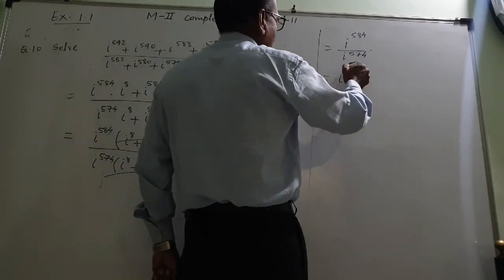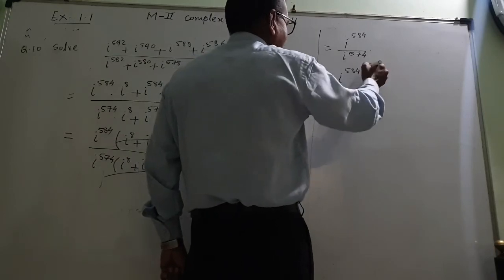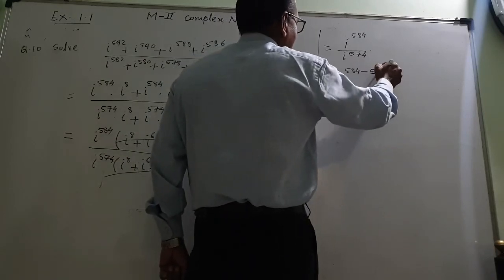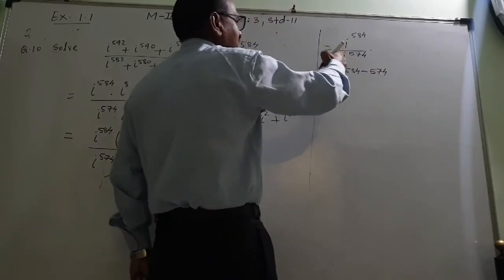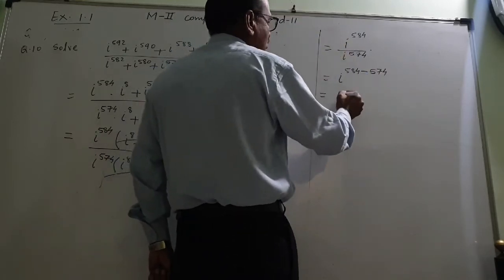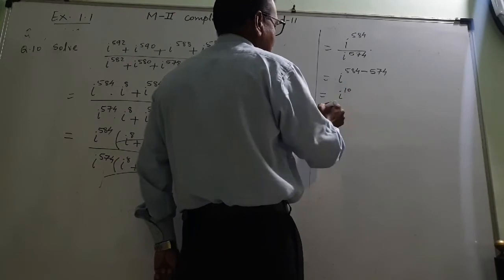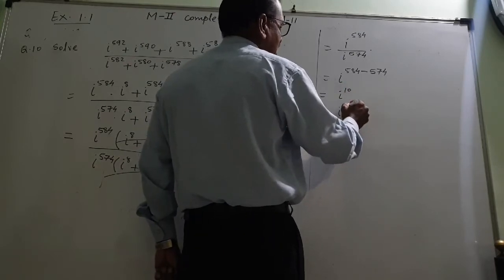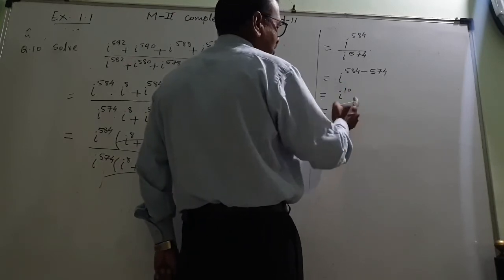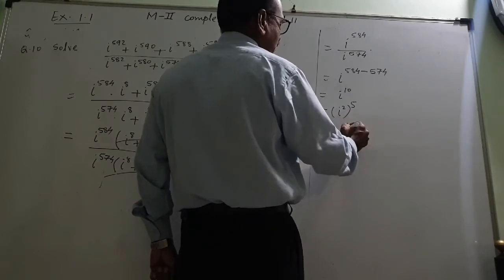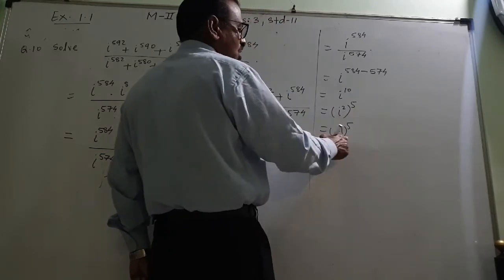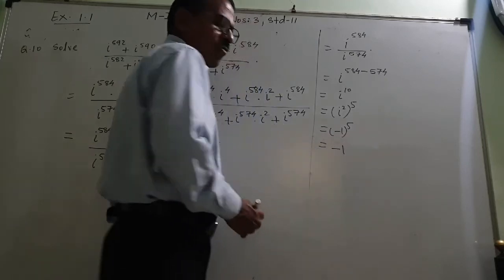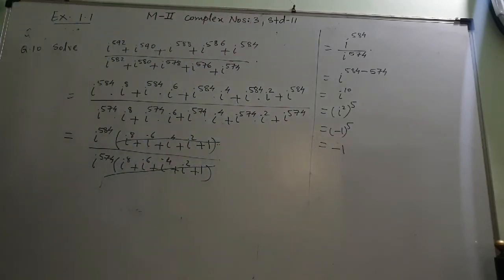So i raised to 584 minus 574. Division means subtraction of the indices. So i raised to 10. This is nothing but i square raised to 5. i square means minus 1 raised to 5. Minus 1 raised to odd power is minus 1. So this way this question was a very important question. Hope that you have understood this.